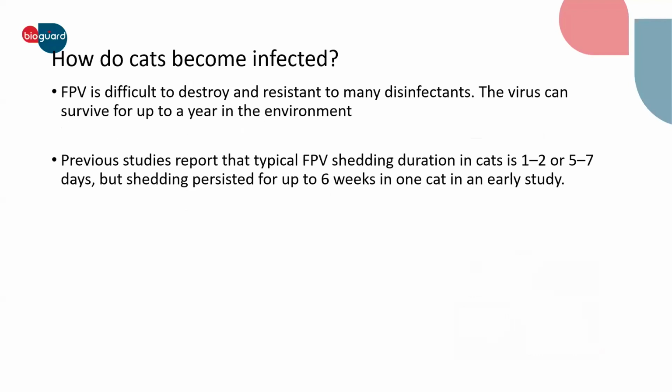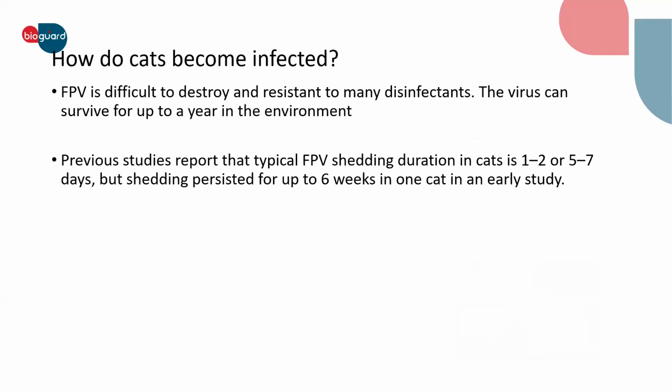Also, once the virus is shed in the environment, it's difficult to destroy, and it's resistant to many disinfectants, and it can survive for up to a year in the environment.